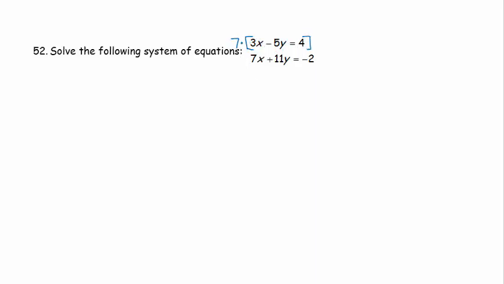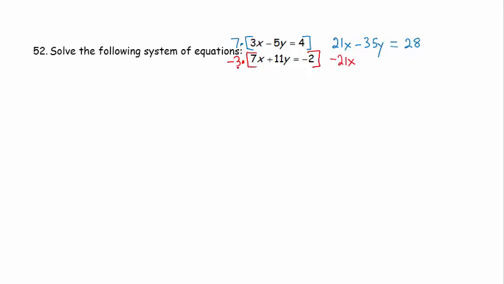I will multiply by 7 to make a coefficient of positive 21x. But I have to distribute that 7 through the entire equation on both sides. Since I decided already to eliminate x, I want to make negative 21x. That will require distributing negative 3 through the entire equation.